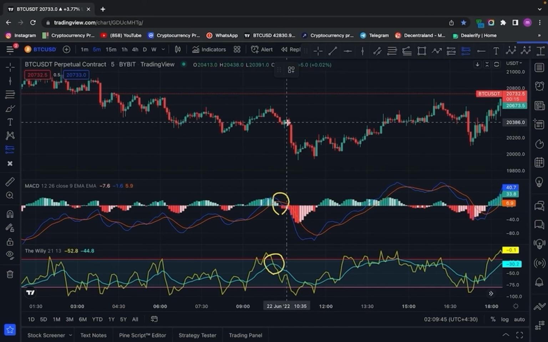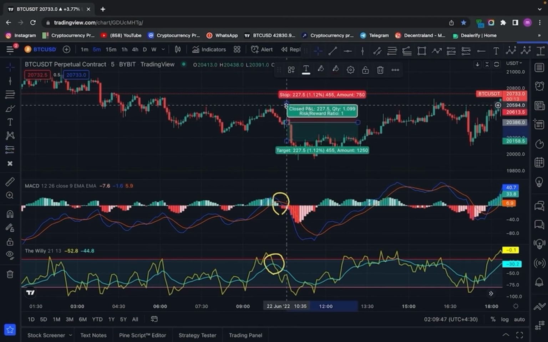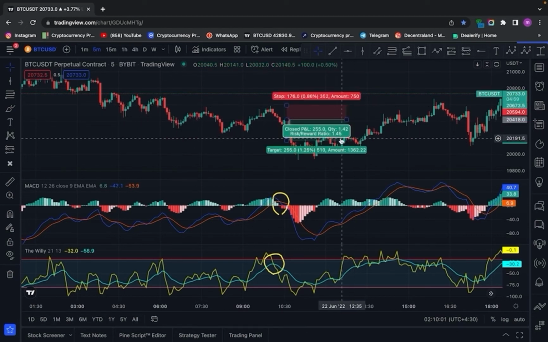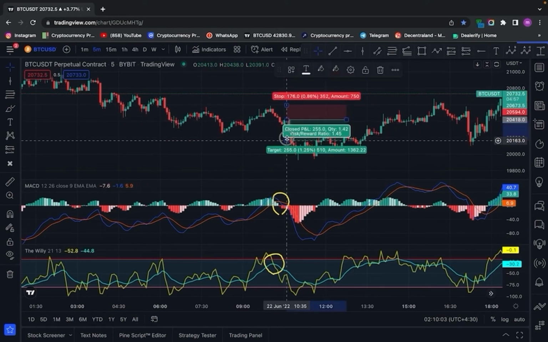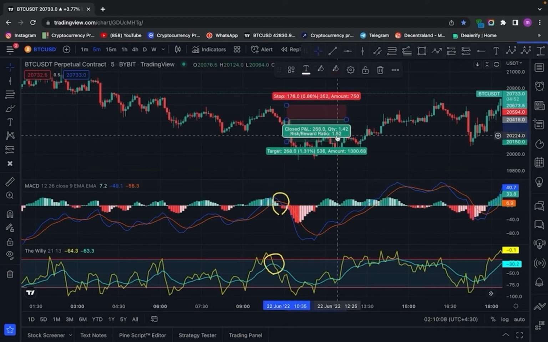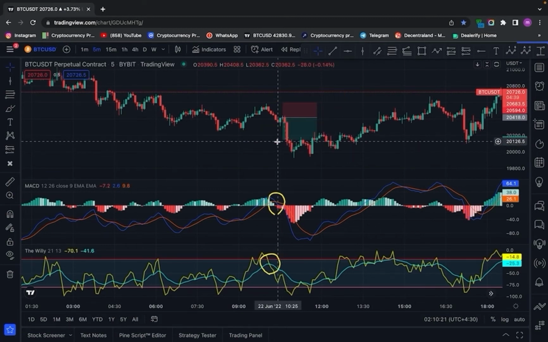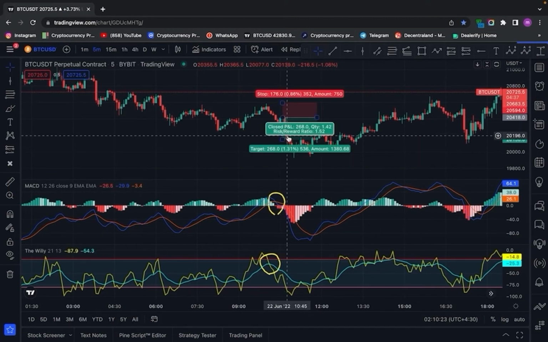If we enter this position here and set the stop loss up here, for using these signals, we set our first target to a risk to reward ratio of 1.5. So in this trade, we see that our first target is touched easily. And it also reaches more targets.